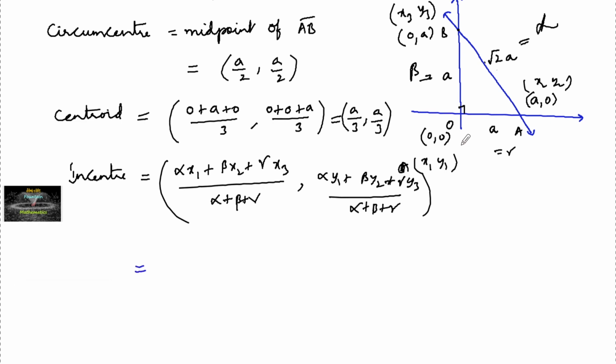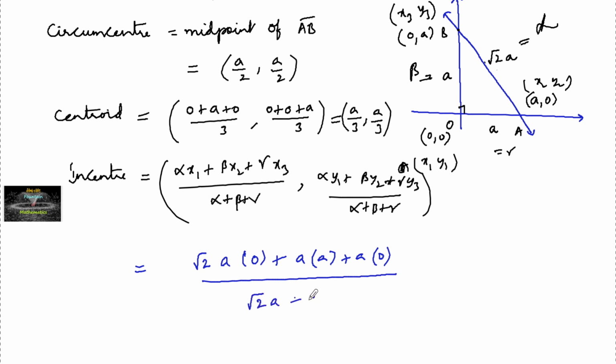Here alpha is root 2 a, times x1, that is 0, plus beta times x2, that is a times a, plus gamma times x3, that is a times 0, divided by alpha plus beta plus gamma, that is root 2 a plus a.